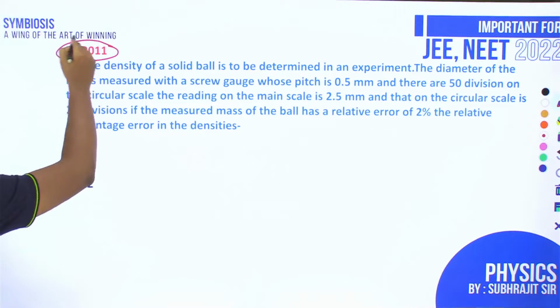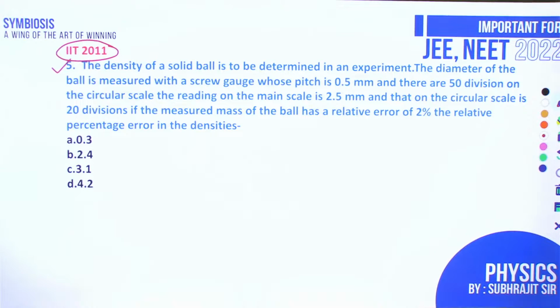Question number 5 is that the density of a solid ball is to be determined in an experiment. The diameter of the ball is measured with a screw gauge whose pitch is 0.5 millimeter, and there are 50 divisions on the circular scale.